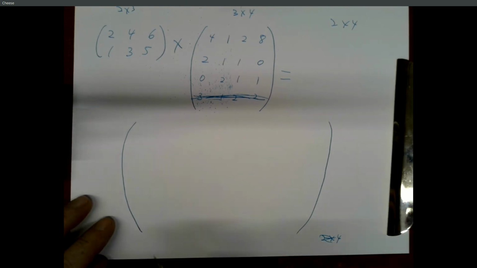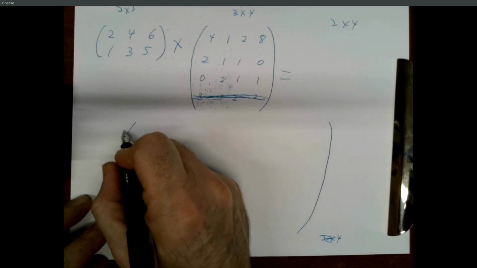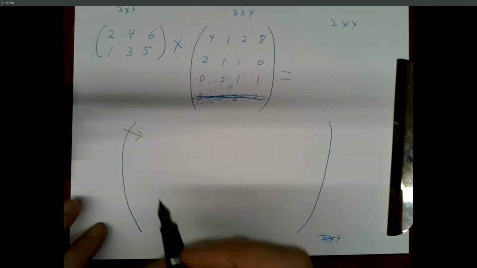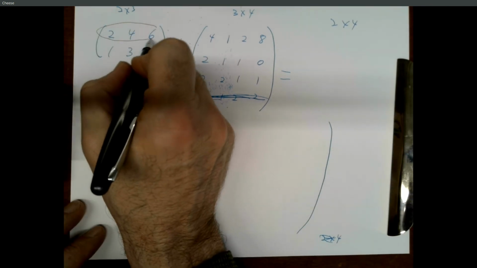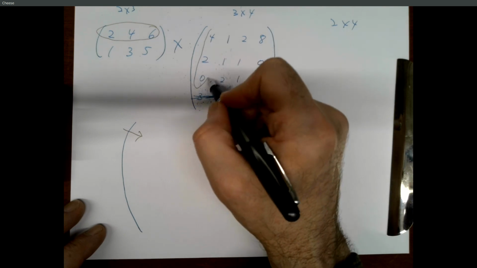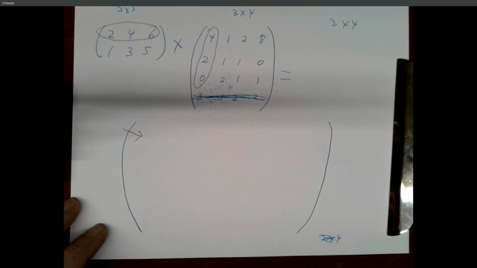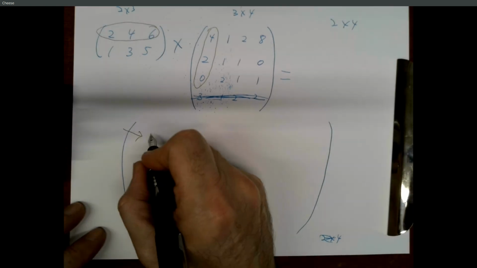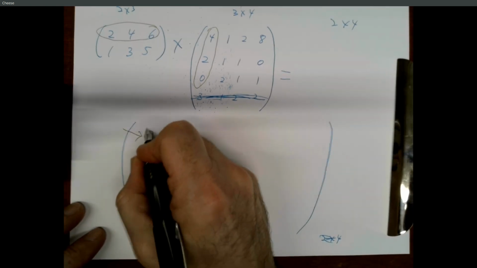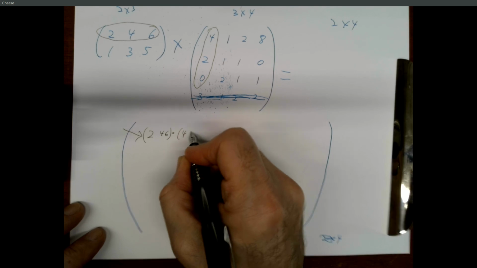All right, so this first element up here, we're going to get by taking the first row of our first matrix and the first column of our second matrix. And we're going to do what's called a dot product. So we're going to do 2, 4, 6, dotted with 4, 2, 0.